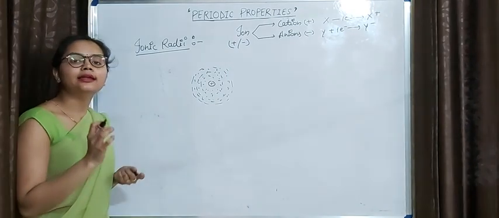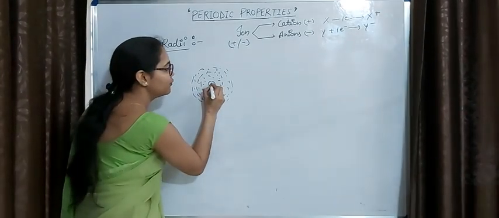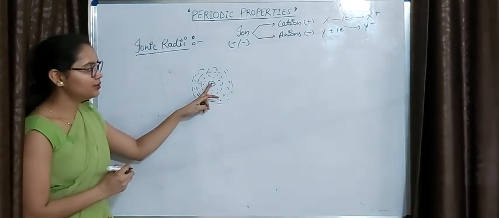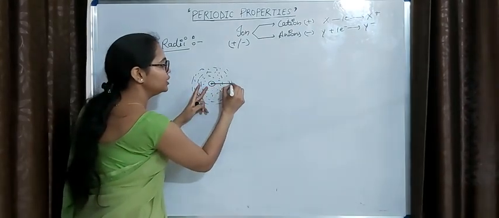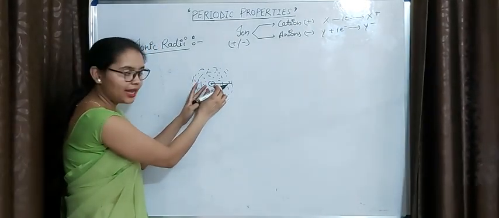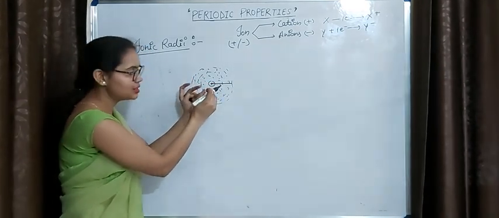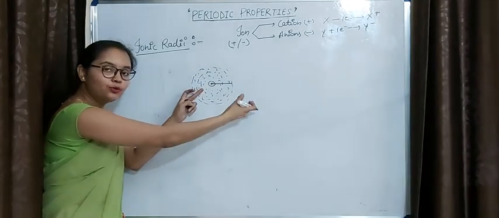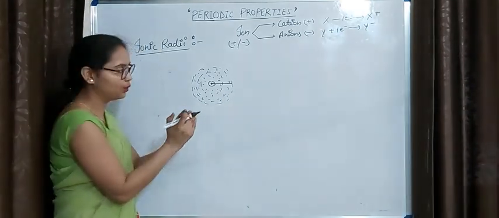Ionic radii is the distance from the center of the nucleus up to which a nucleus can influence the electron cloud. Means the distance from the center of the nucleus up to which a nucleus can attract the electron cloud.